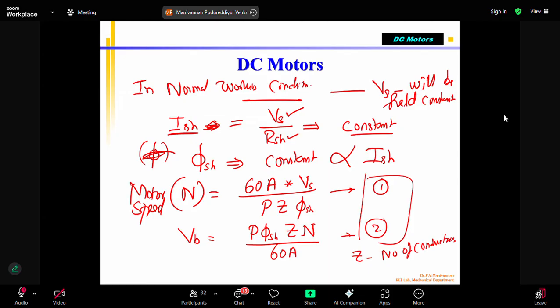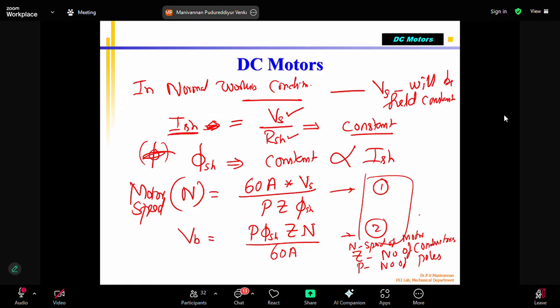Yeah. So right now, let me tell what these are. Z is called the number of parallel conductors. Then P is called the number of poles. N represents the speed of the motor.